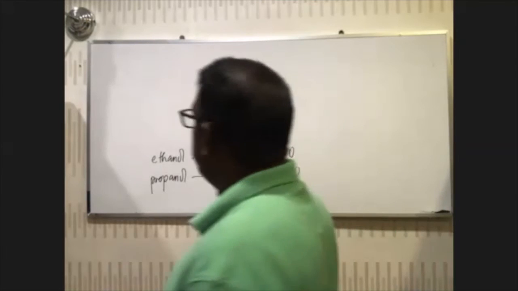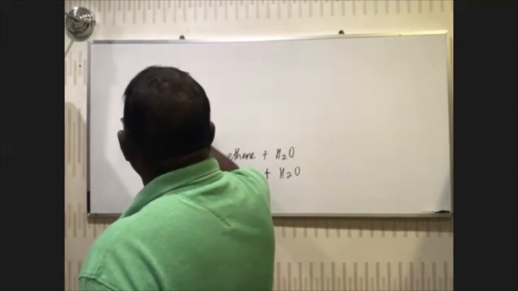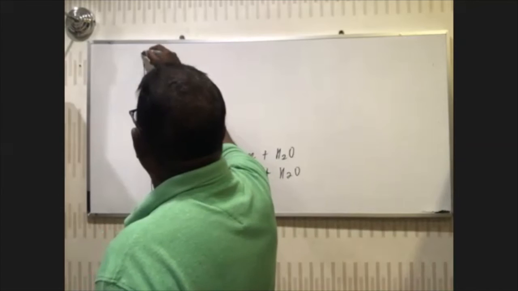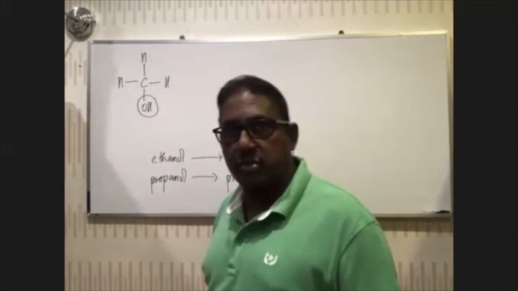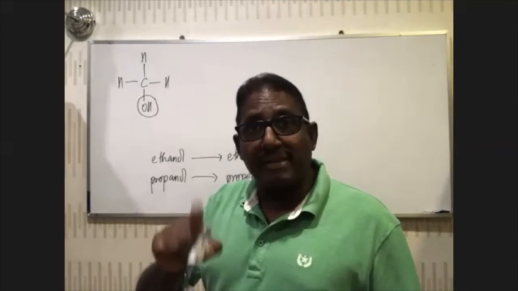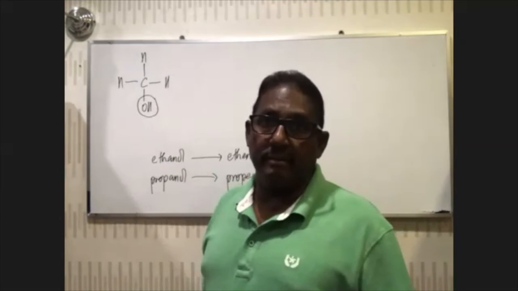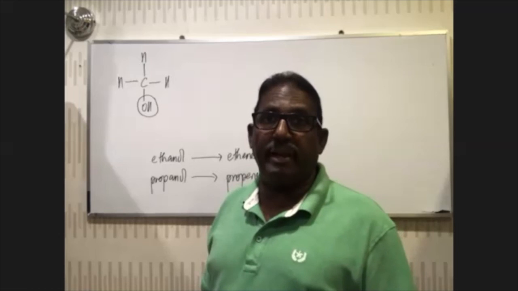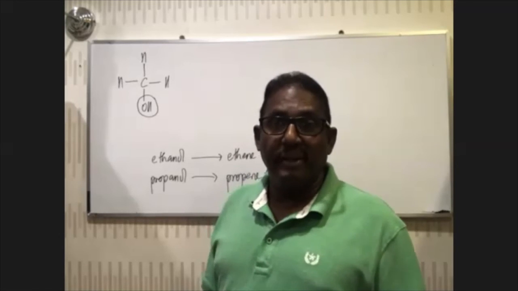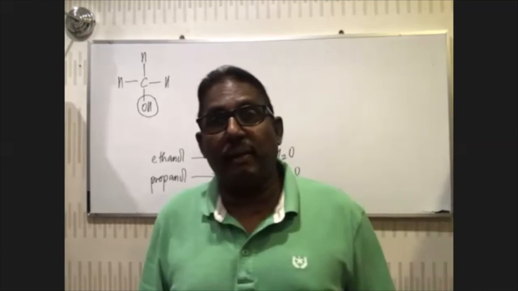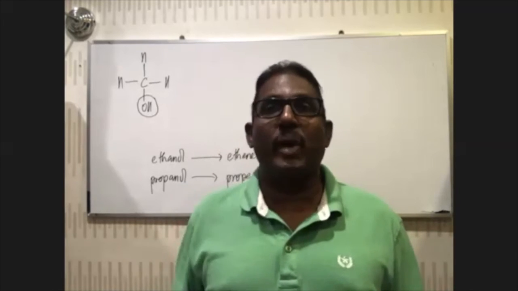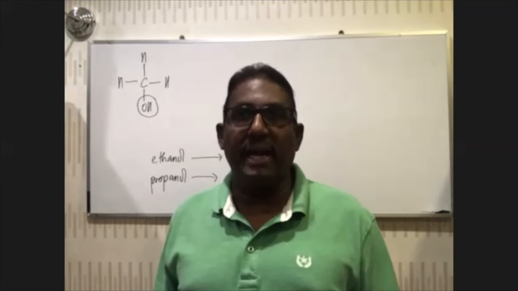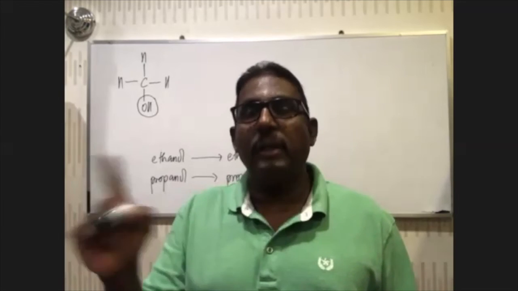Why? Because methanol has only one carbon. What did I say about the hydrogen? This carbon is already contributing the OH. The hydrogen must come from the neighboring carbon. Methanol does not have a neighboring carbon. It has only one carbon. Therefore, methanol is the only alcohol that will never undergo dehydration because it only has one carbon. So methanol cannot be dehydrated among all alcohols.